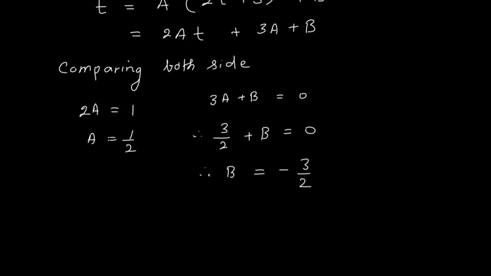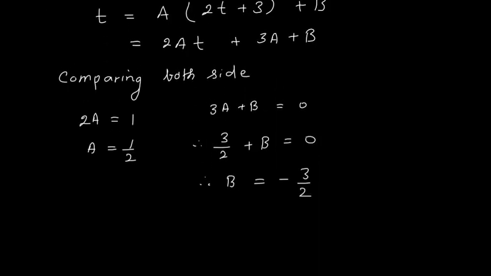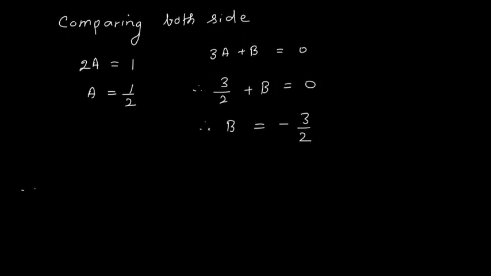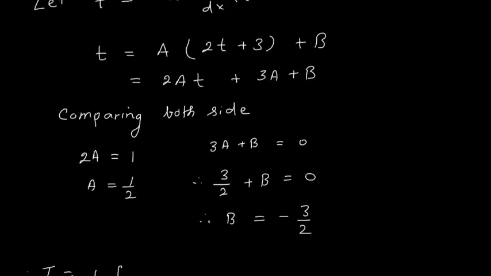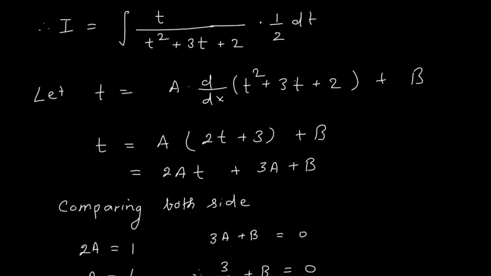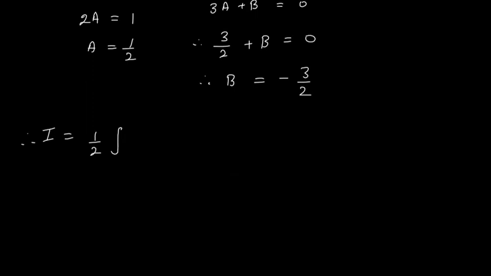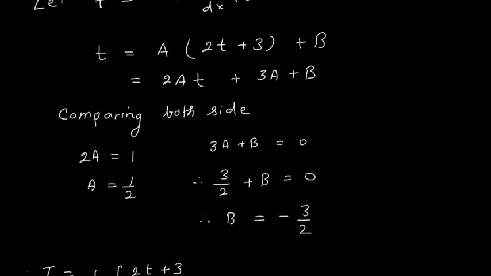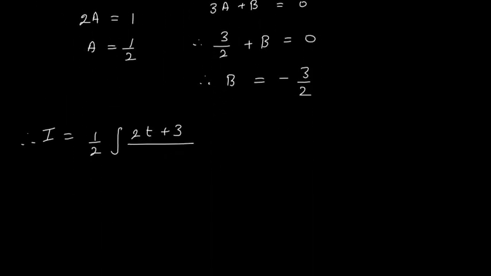Therefore finally your I is equal to 1 upon 2 integration of the derivative of the denominator, which is 2t plus 3, upon t square plus 3t plus 2, into dt, plus b.